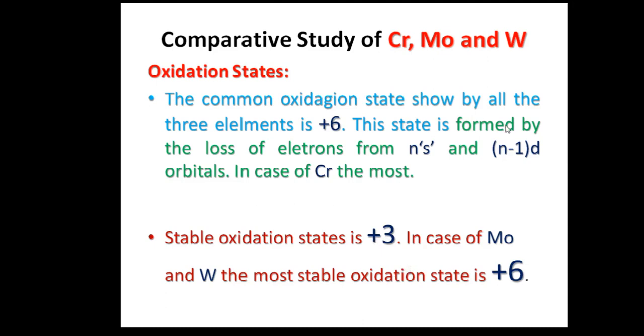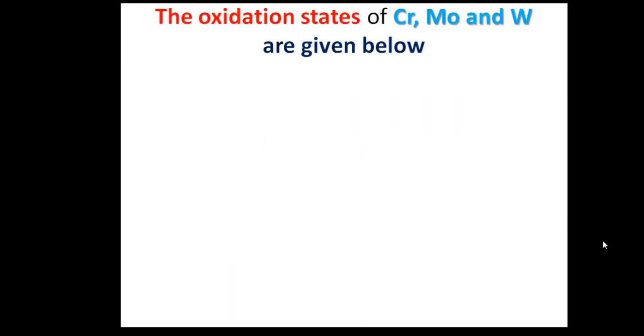So these are some factors associated with the oxidation state, and with this they show some characteristic properties. The most important feature of all three elements is their tendency to form metal carbonyls in the zero oxidation state. That is a very important thing.